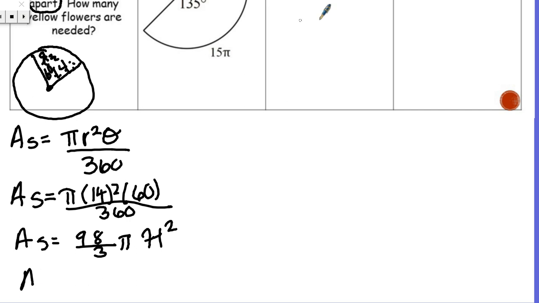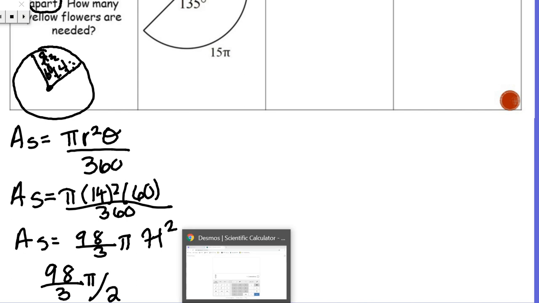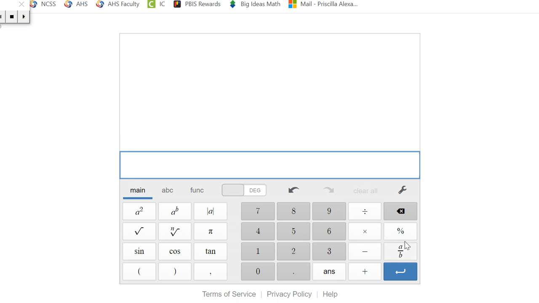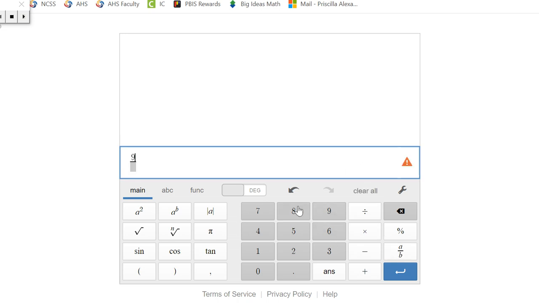So if I take this and I do 98 over 3 pi divided by 2, that means, hold on, I gotta go back. I'm gonna convert the 98 over 3 pi to an approximate answer so I can see how much space I have in the approximate form.